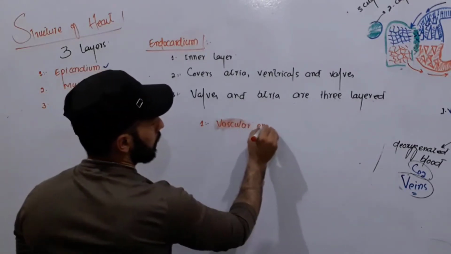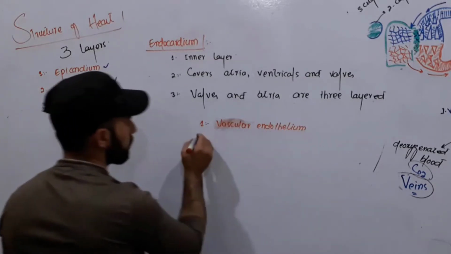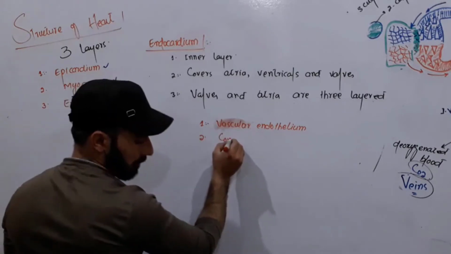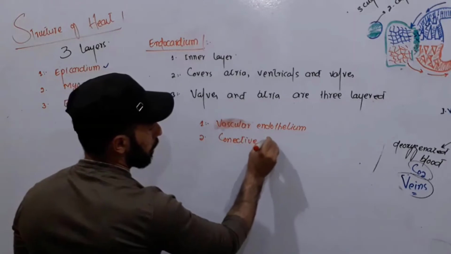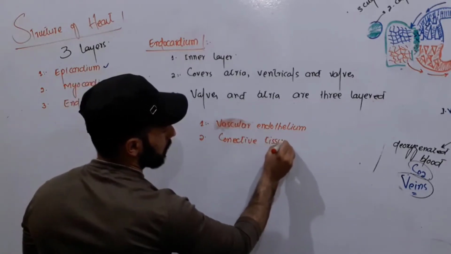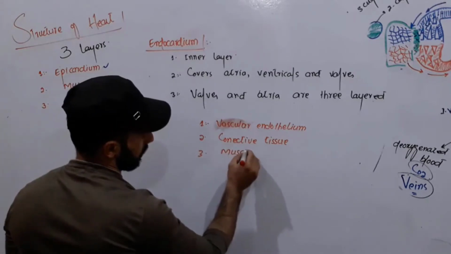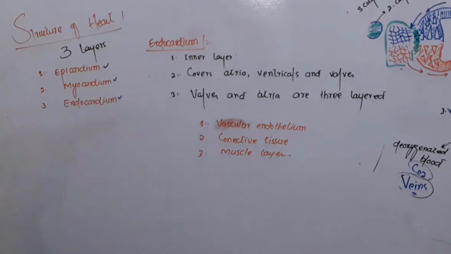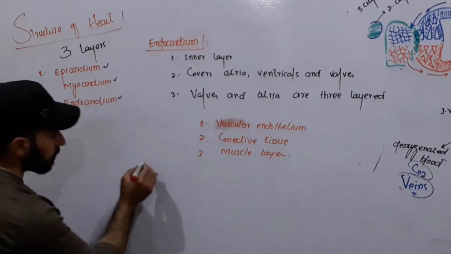Second one is the connective tissue layer, and the third one is the muscle layer. Clear? Let me make the diagram of the endocardium.